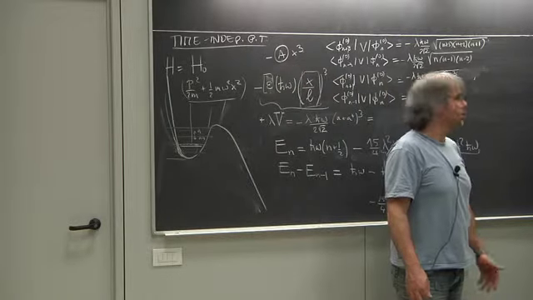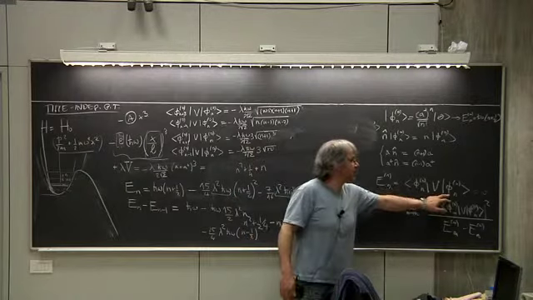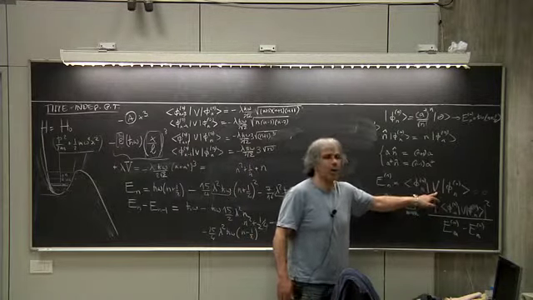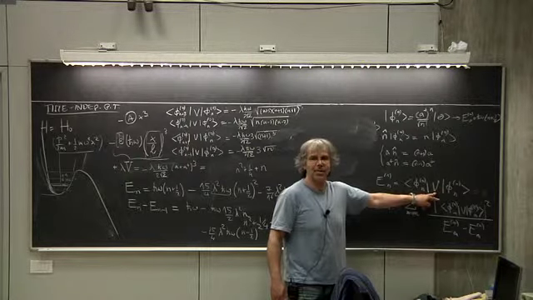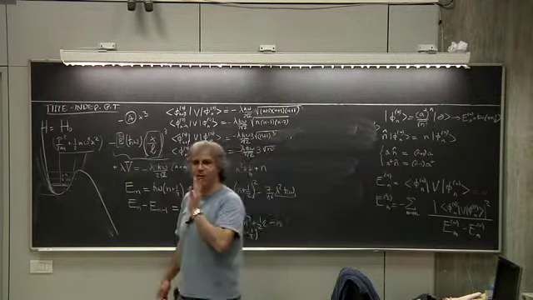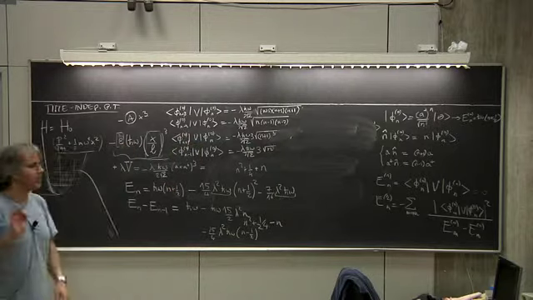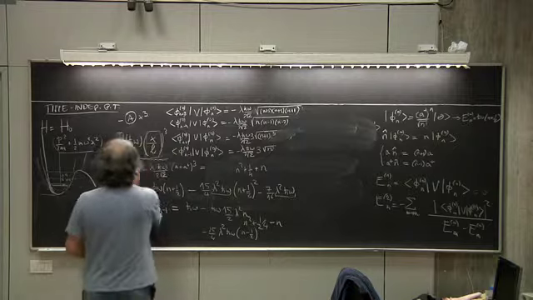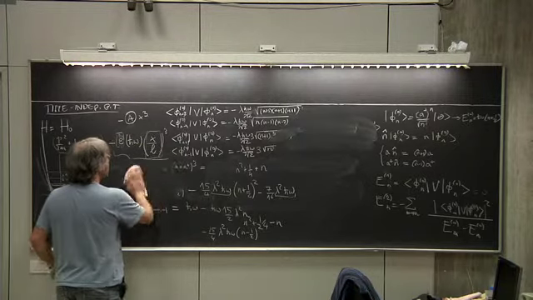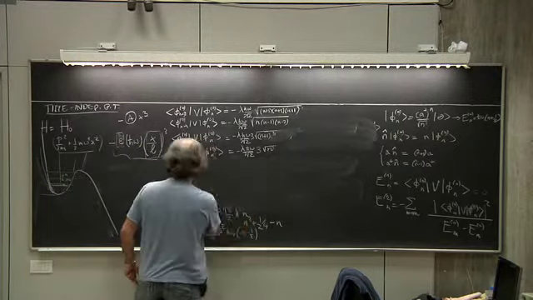For instance, the states are both even or both odd, and the operator is odd under parity. Okay? Let me give you this once and for all, because I promised that sooner or later I would give you this little selection rule. So let me give it to you now.